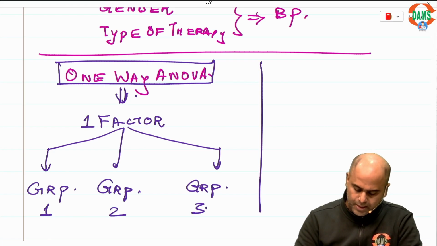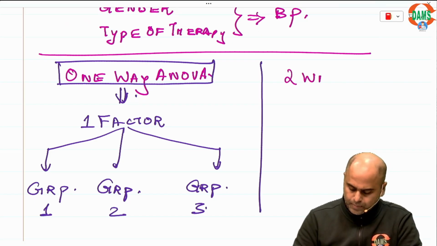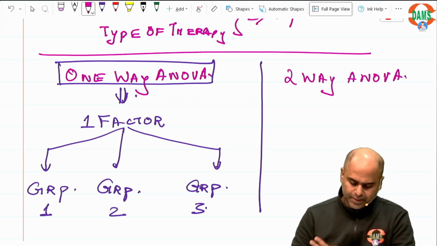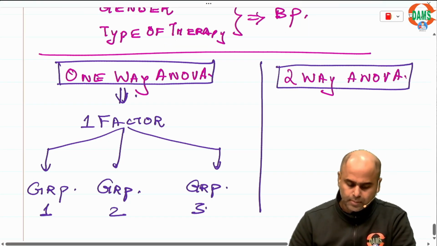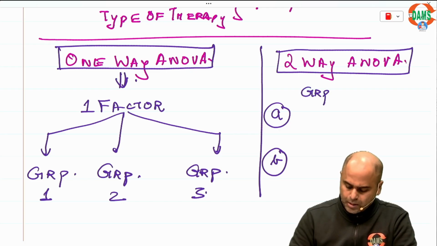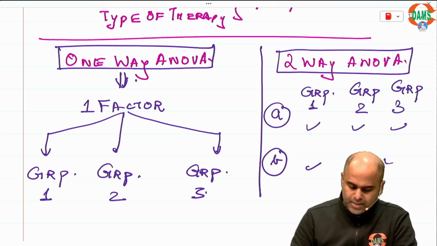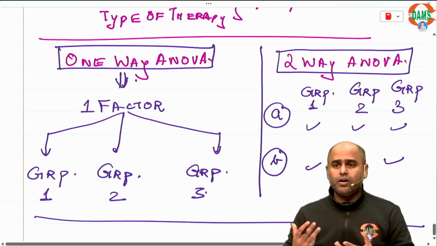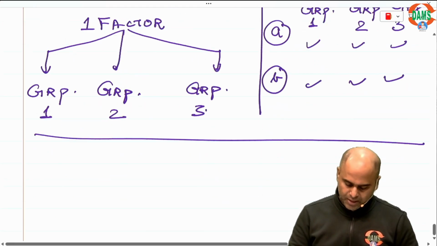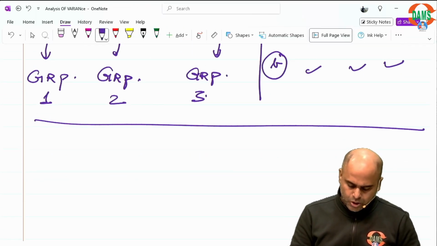Whereas in the two-way ANOVA, we are seeing two factors, suppose factor A and factor B, impacting the group 1, group 2 and the group 3. So you can see we are having more permutations and combinations to be taken care of, which the two-way ANOVA does for us.